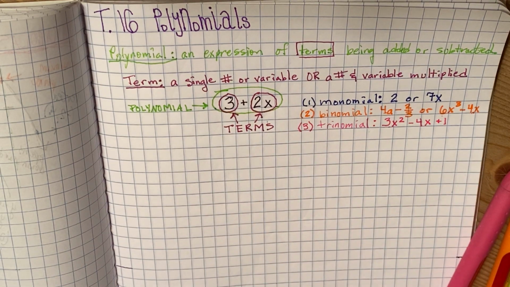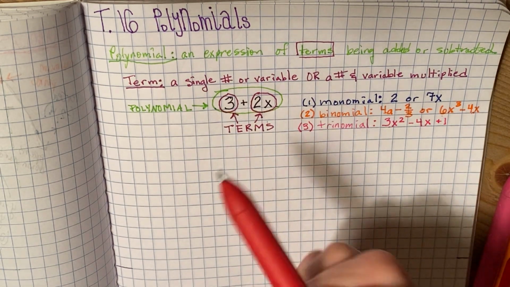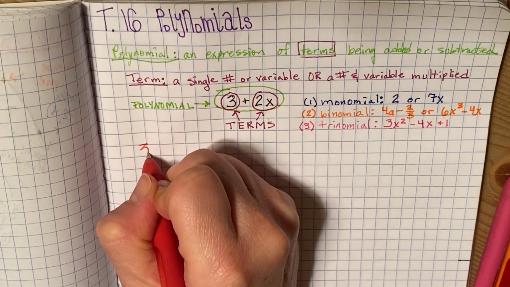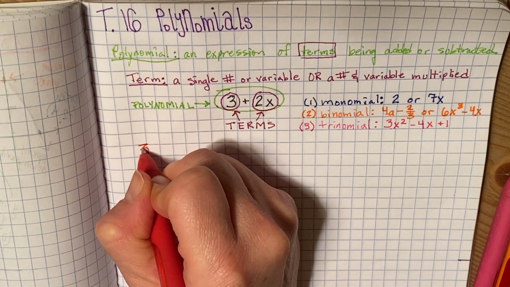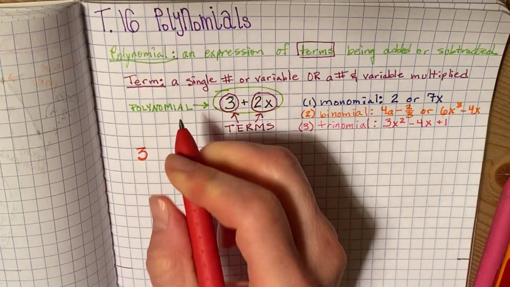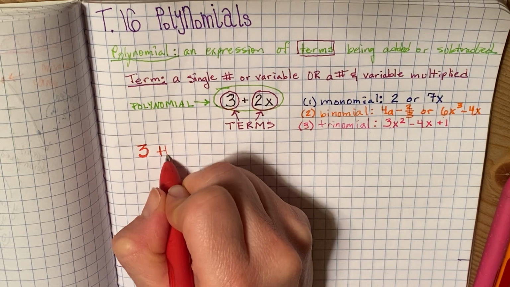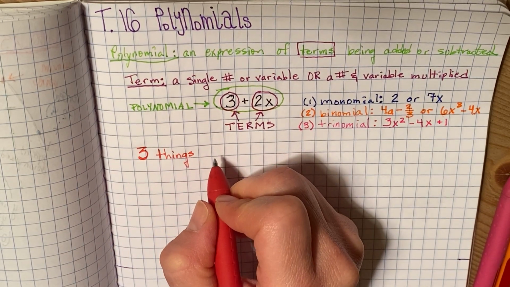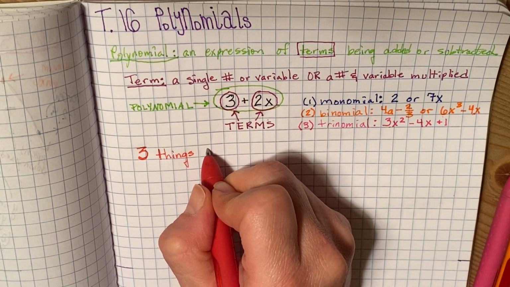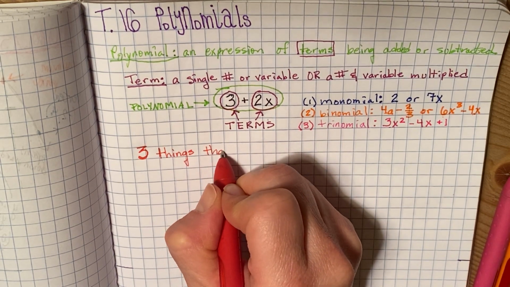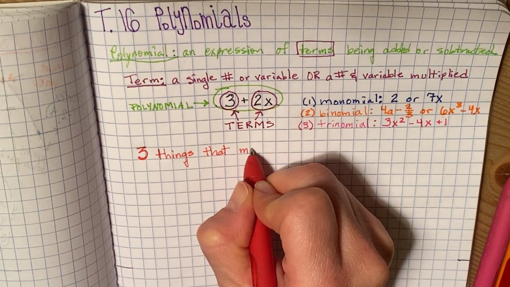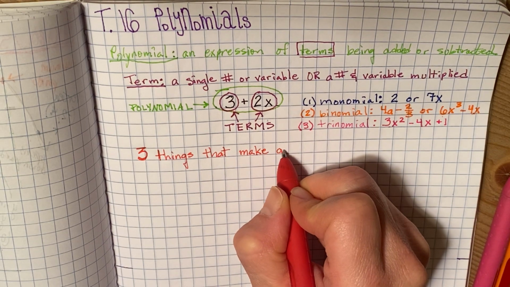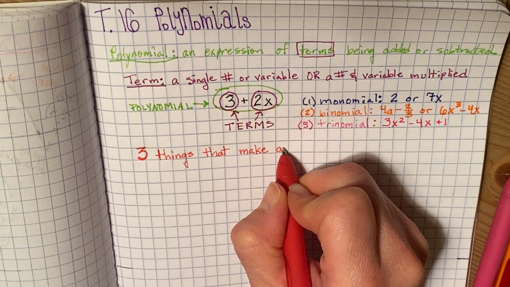Now, we need to talk about what is not a polynomial, okay? So we have 3 things, and I hope you guys are pausing as we go so that you can take the notes that you need. 3 things that make an expression not a polynomial.